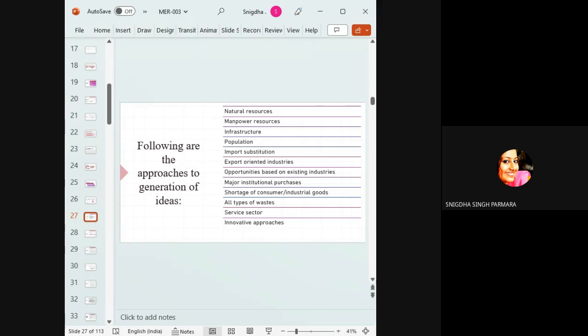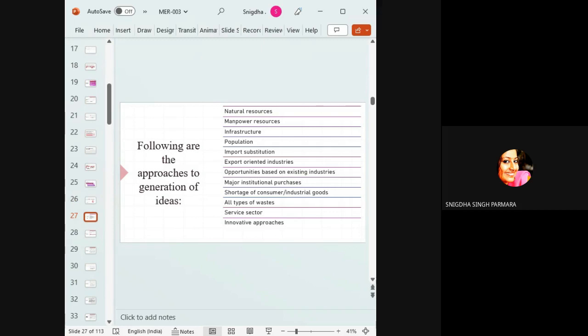Manpower resources. Now, what are manpower resources? Basically, the skilled manpower that is available in a country that could be used as a competitive advantage. For instance, India has a lot of IT professionals. For instance, China has a lot of labor potential.